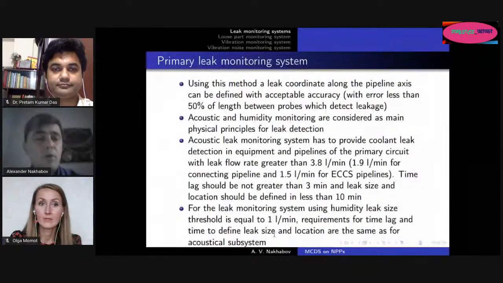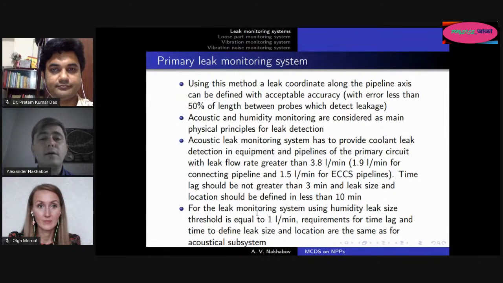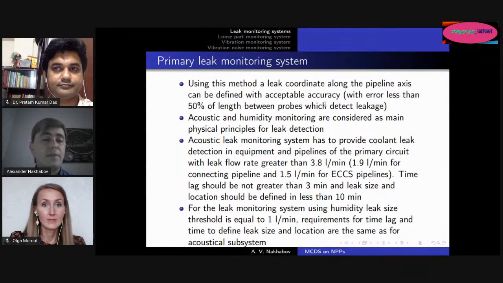So you see some overall information about this kind of system. Using this method of leak detection, we can define coordinates. Accuracy is not so high: less than 50% of the length between probes.